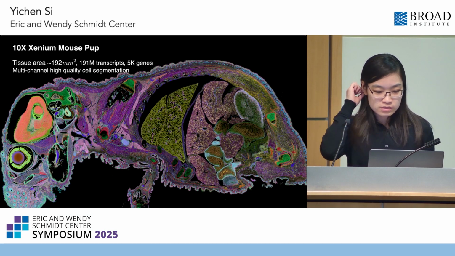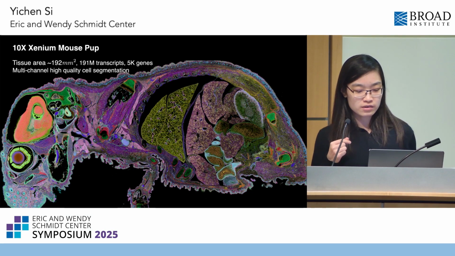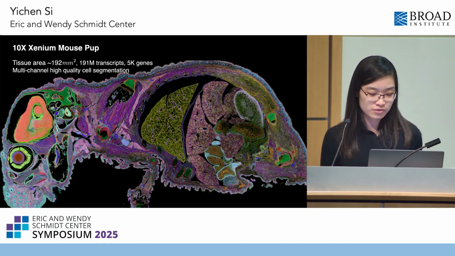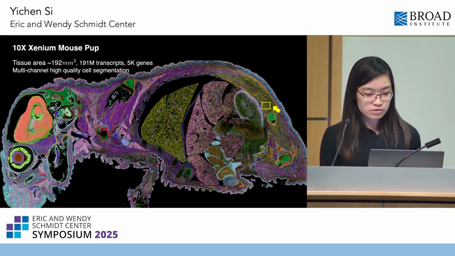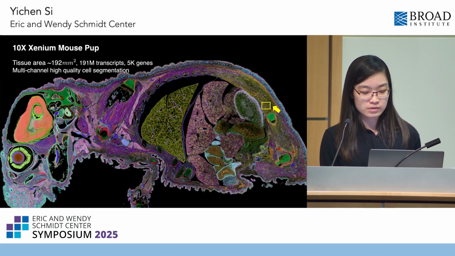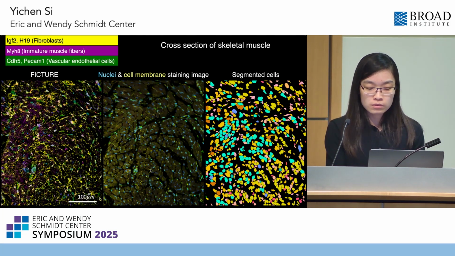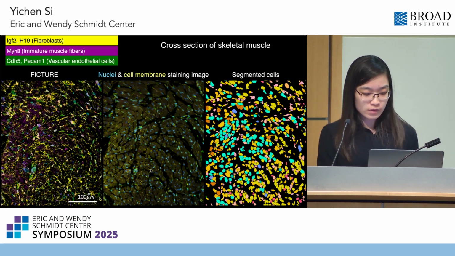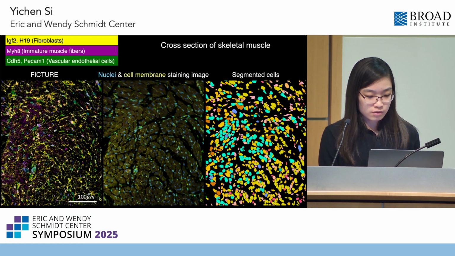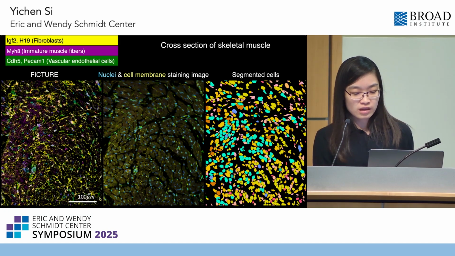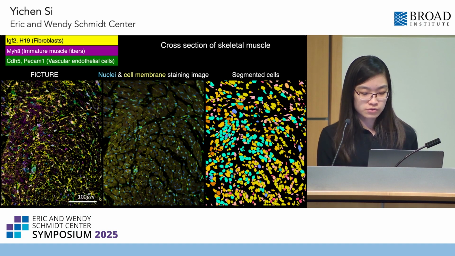Imaging-based platforms often have high-quality imaging with multiple channels to support better cell segmentation. So let's look at the muscle tissue in this mouse pup data from Xenium with a 5,000 gene panel. In the middle is the image with nuclei staining and cell membrane markers. On the right is a standard cell-level analysis. On the left is our output.